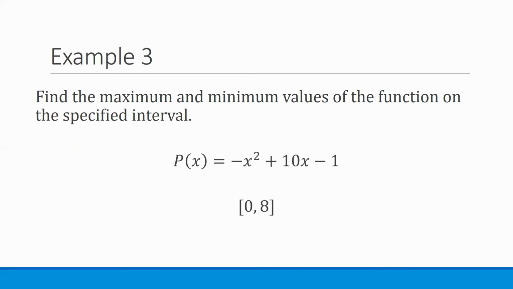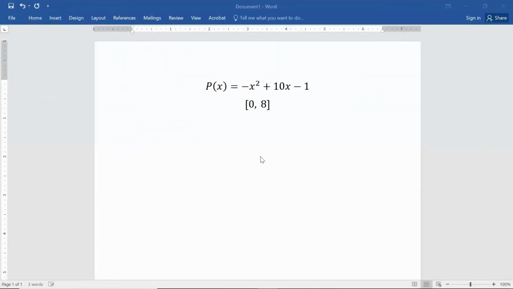Let's do an example where we find the maximum and minimum values of the following function on the interval from 0 to 8. This is a closed interval from 0 to 8, which means that we are including the endpoints. Let's go ahead and do this. We first want to find the critical point, and we do that by finding the critical value.